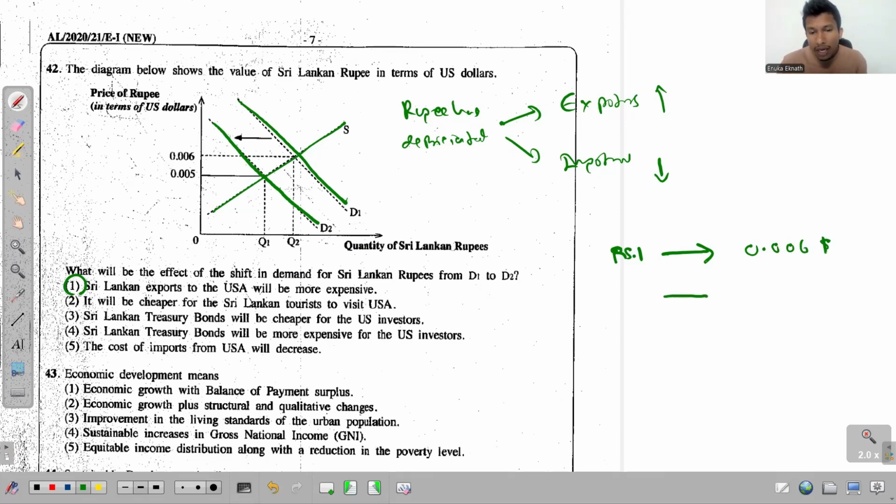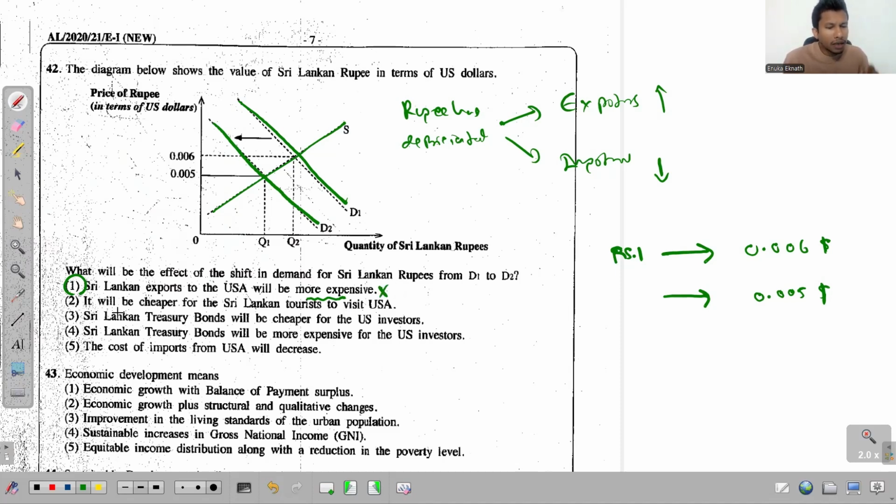But after this devaluation or depreciation of the rupee happens, they just need to pay $0.005 in the American market, which means after this depreciation happens, the Sri Lankan products are very much affordable, right? It becomes much cheaper to the American consumers. So the opposite of this is true.